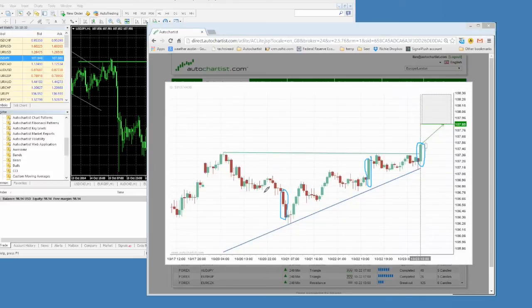Okay, very unusual type of movement, and that for me is a very strong indication that the breakout through this level of around whatever it was, 107.35 or so, is very distinct.